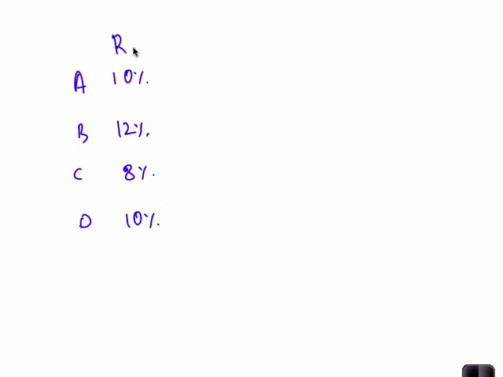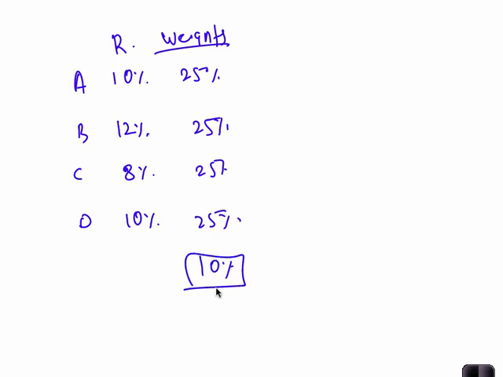Now these are the returns we've been able to earn. These are weights. So let me keep them as an equal weighted portfolio here for simplicity: 25%, 25%, 25% and 25%. If this is your benchmark, we can calculate a weighted average return we've earned on the benchmark. And how much is the weighted average return? Weighted average return is 10%.